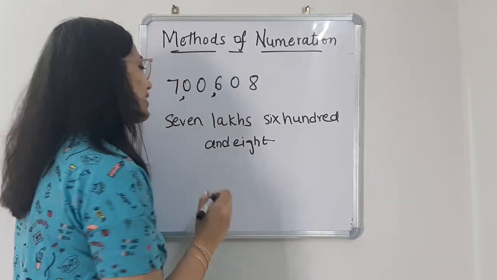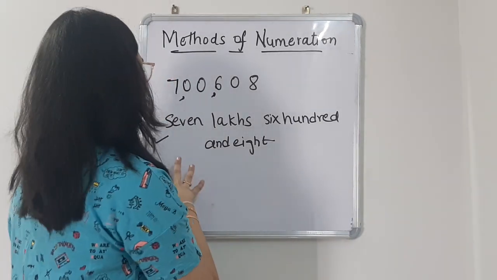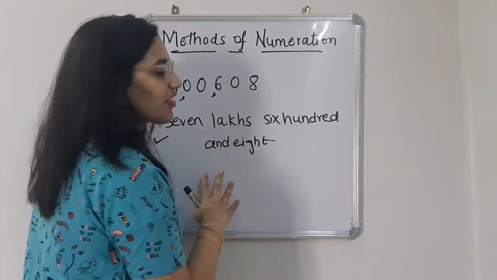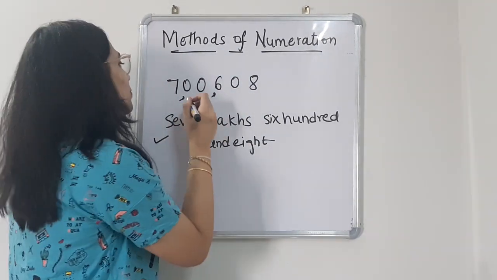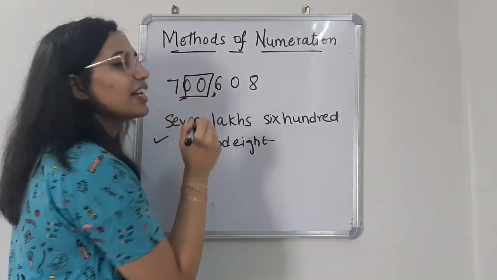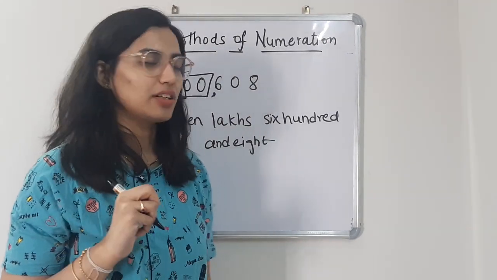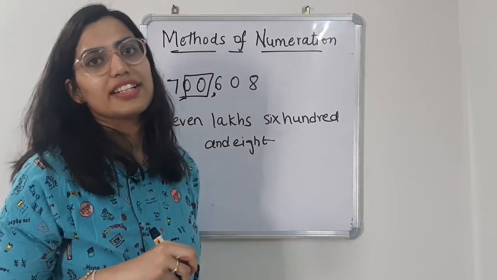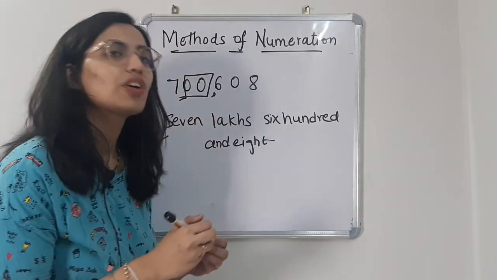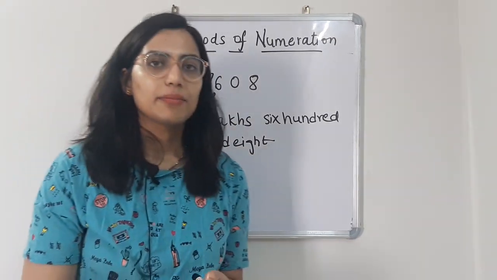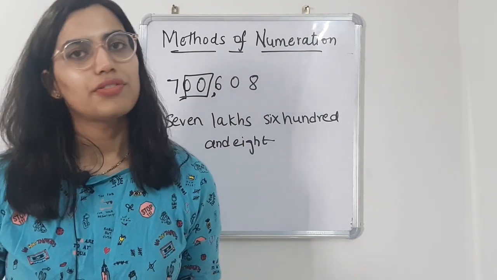So in that case, whenever they ask you a question or whenever in real life you read this as 7,608, and if you want to convert this into digits, then you place zeros wherever you don't see the place value inserted in the word expression. Okay? So this is how you take a number and express it in the form of the Indian system of numeration.